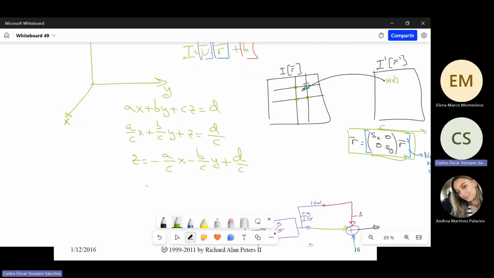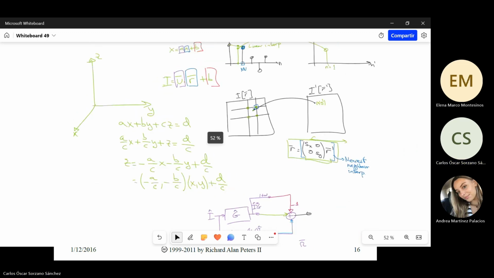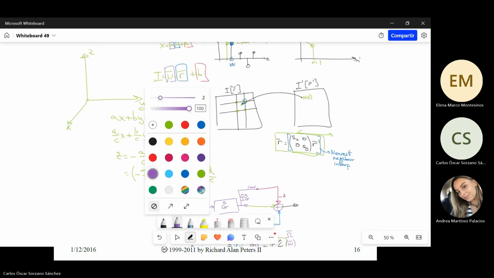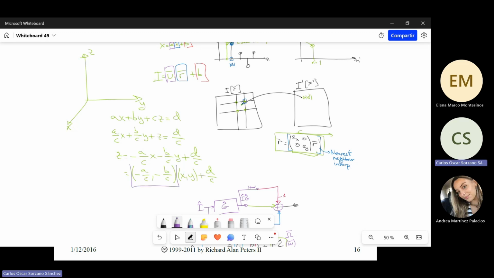This is a divided by c, minus b divided by c, times x, y, plus b. So it has the same structure as we had there. This is our vector operating on the coordinates.